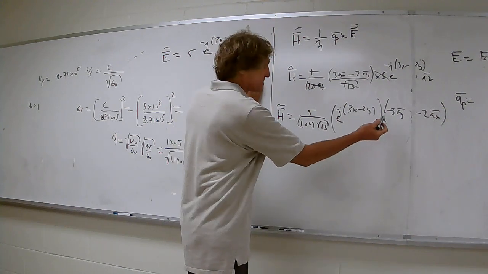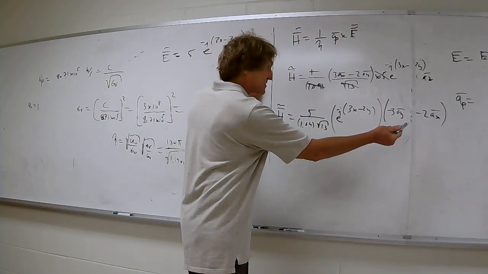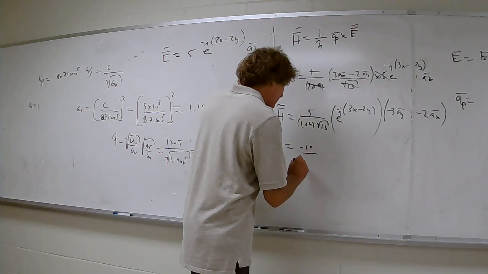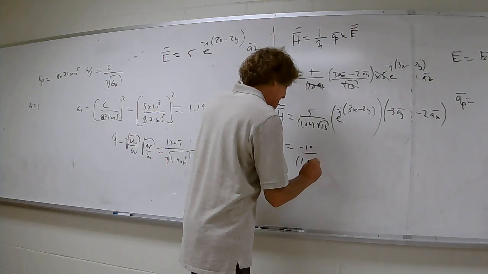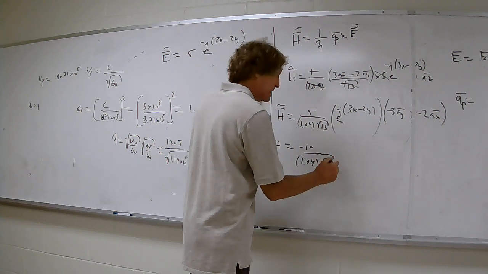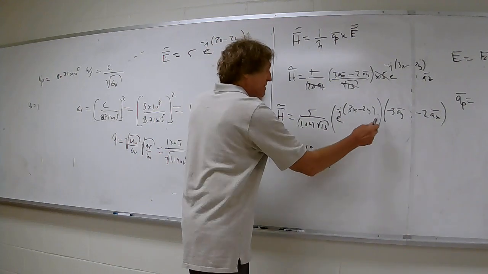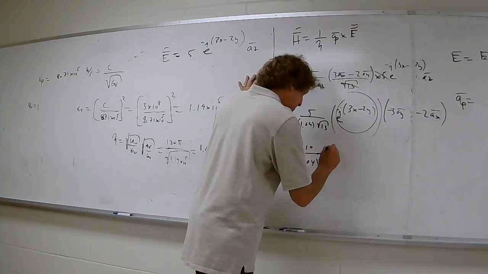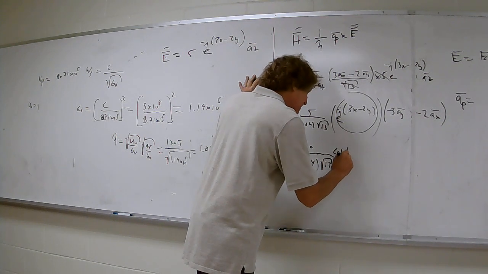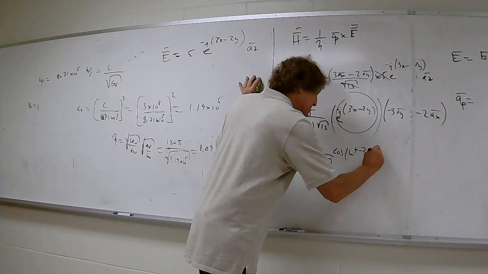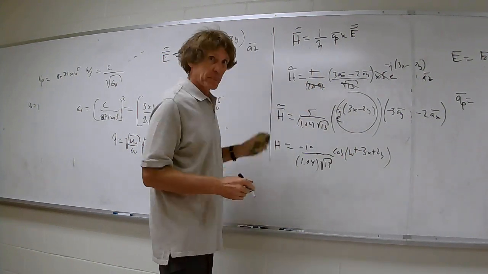All right, so for the x component, minus 2 times 5 is minus 10 over 1.09 square root of 13. Now look, this exponential is common to both, so when we multiply by e to the j omega t and take the real part, we're going to get cosine of omega t minus 3x plus 2y, right? You all with me, class?